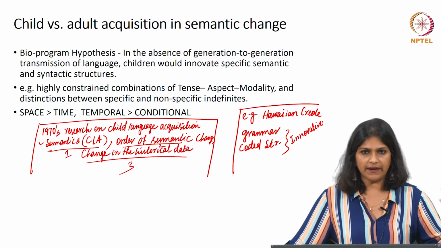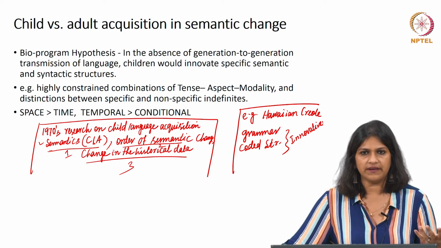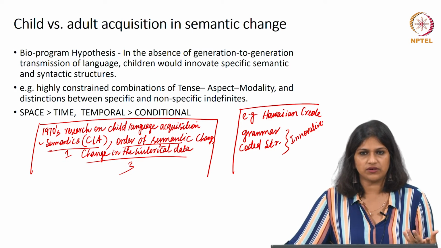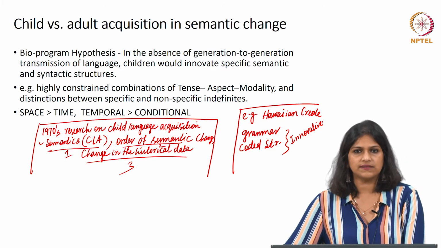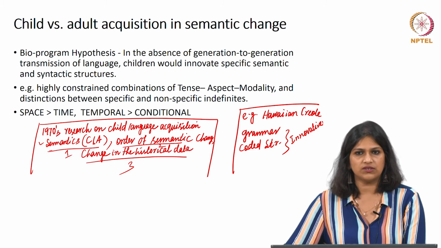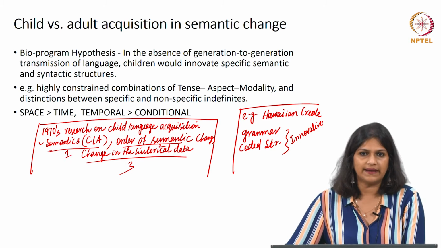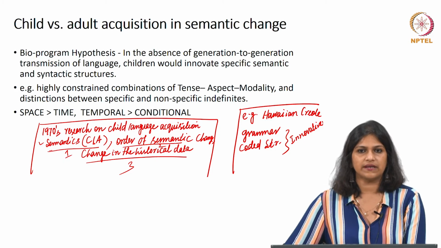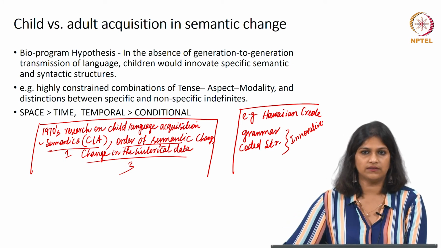So, if we undermine the creative spirit or the innovative ability of the adults, such a hypothesis needs to be reconsidered, or we should not accept it blindly, considering child language acquisition an extremely creative process. So, even for the development of creoles we would give importance to child language acquisition.